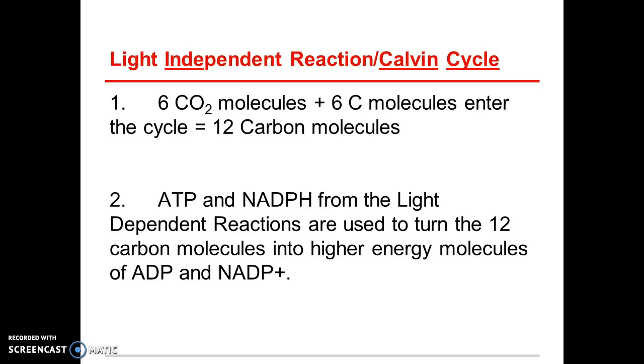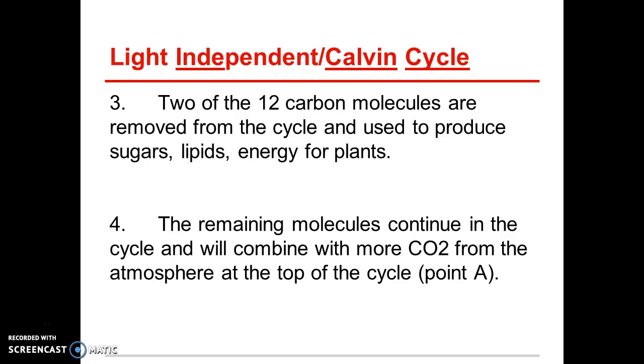The second step, ATP and NADPH from the light-dependent reaction, are used to turn the 12 carbon molecules into higher energy molecules of ADP and NADP+. Okay. 2 of the 12 carbon molecules are removed from the cycle and used to produce the sugars, lipids, and energy for the plant. The remaining molecules continue in the cycle and will combine with more carbon dioxide from the atmosphere at the top of the cycle.